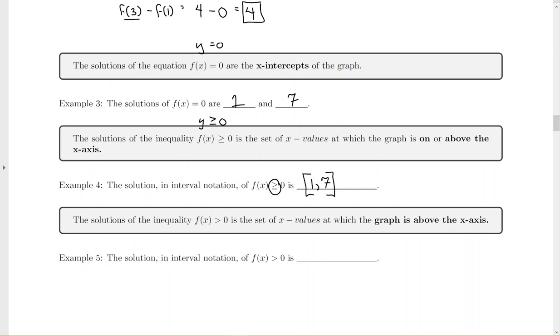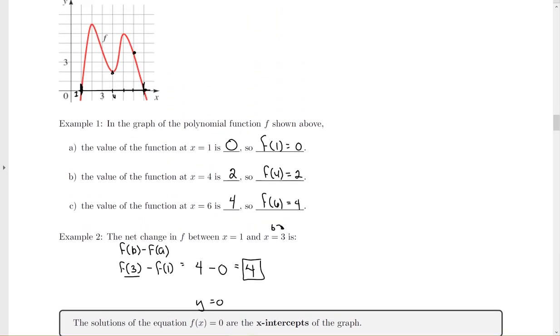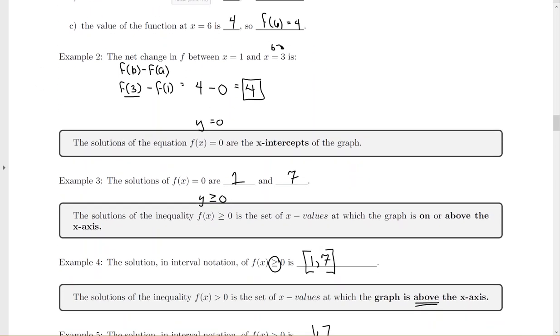All right, so if it's strictly greater than 0, we're just looking at where is it above the x-axis. So still 1 to 7. From x is 1 to x is 7, your graph is all above the x-axis, where y equals 0. All right, so we just can't be on the x-axis.